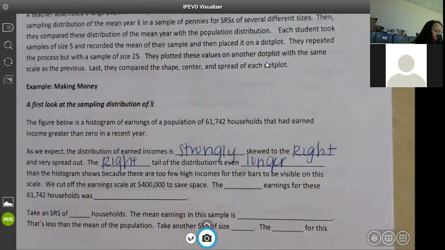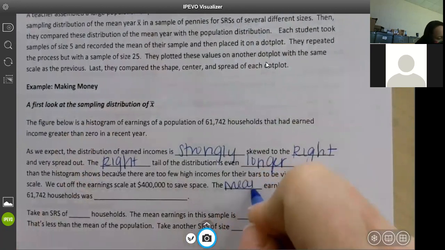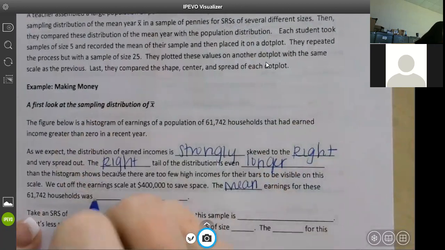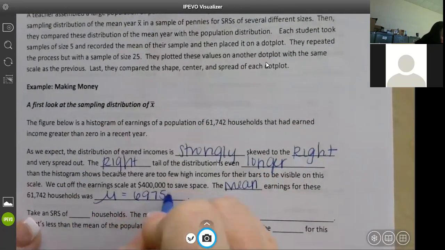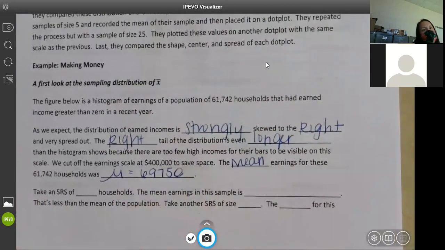We cut off the earnings scale at 400,000 to save space. The mean earnings for these 61,742 households was 69,750.